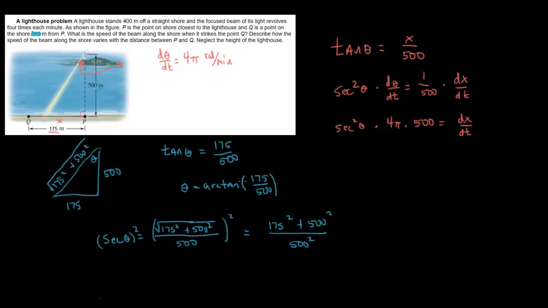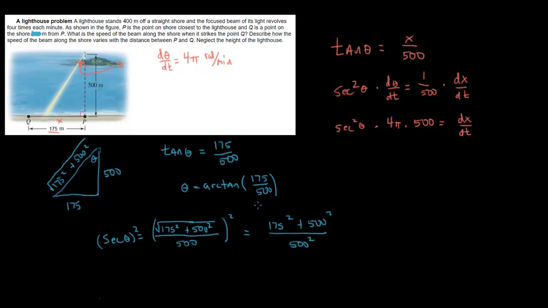Like, let's see. Actually, I'm curious. What is arctan of 175 over 500? Let's see here. So inverse tan 175 divided by 500. It's approximately 0.3366 radians. All right. So there's your angle, but again, you have to round there.